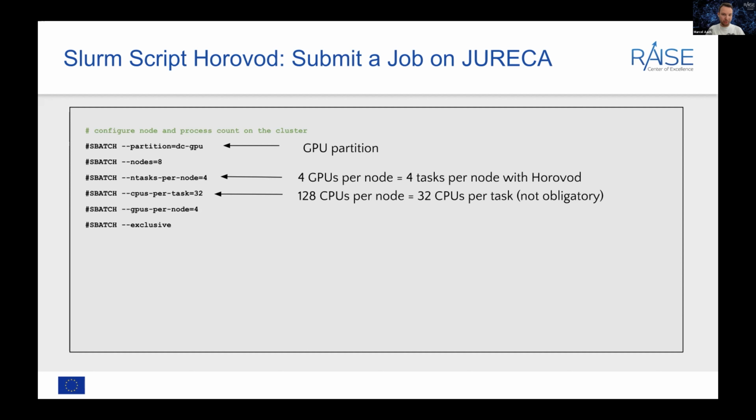And the number of CPUs, I usually set to 32, which is because we have 128 physical CPU cores on Eureka. So with 4 tasks per node, that means 32 CPUs per task. But you don't have to set it to that number. You can basically choose any number you want, though it should be reasonably small.